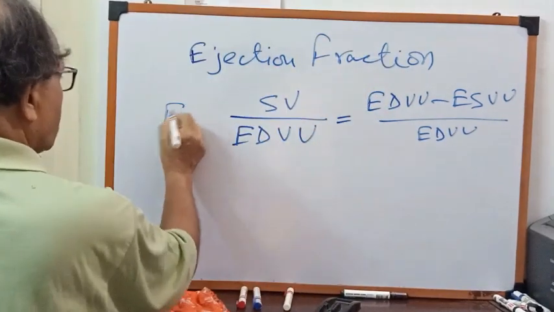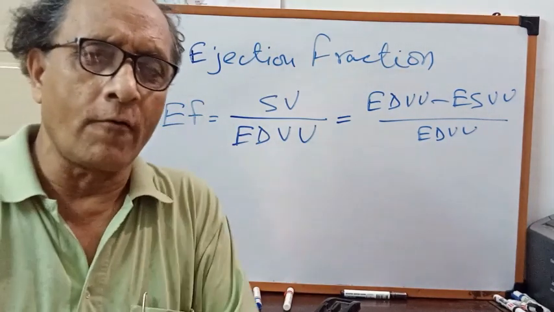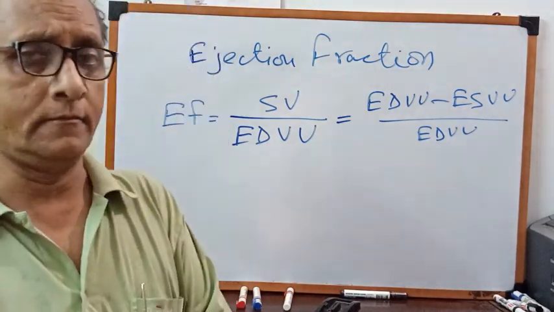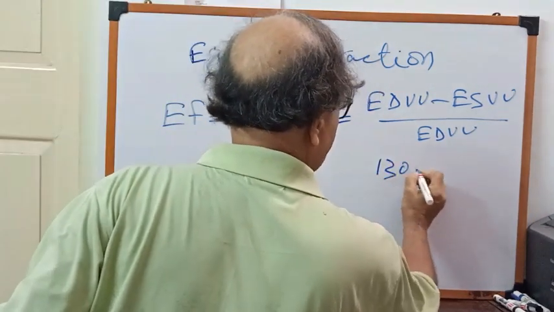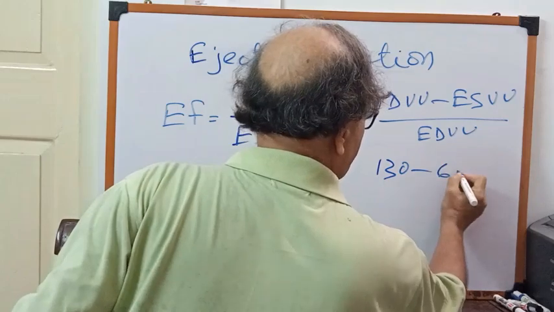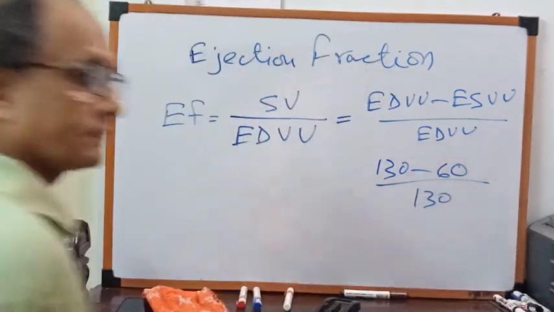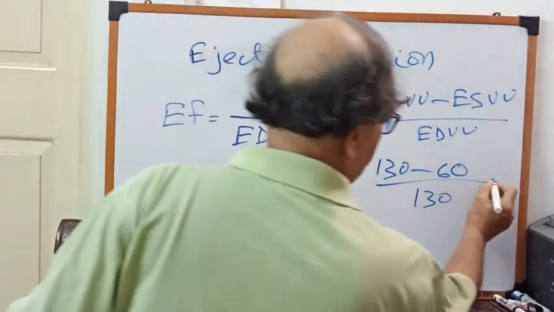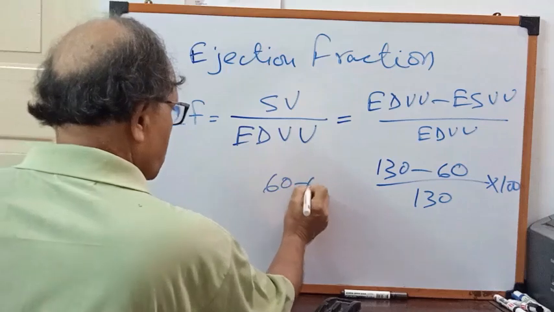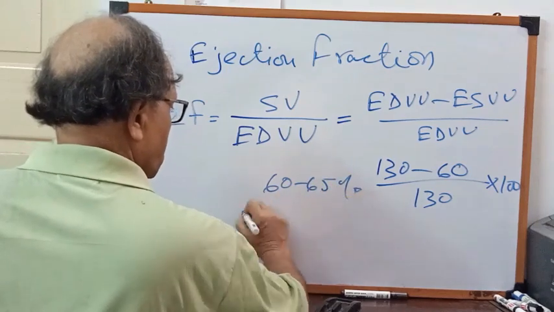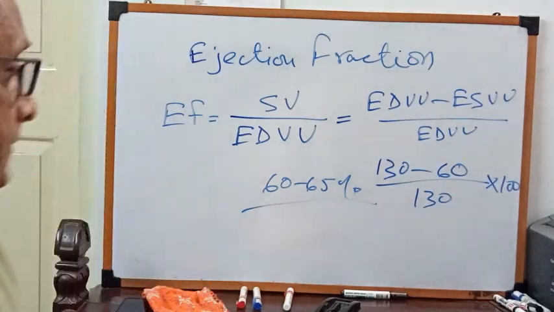This is known as EF, or ejection fraction. If we simply calculate, it is around 130 ml minus 60 ml divided by 130 ml, usually expressed in percentage. So it comes around 60 to 65%. That is the normal value of ejection fraction.